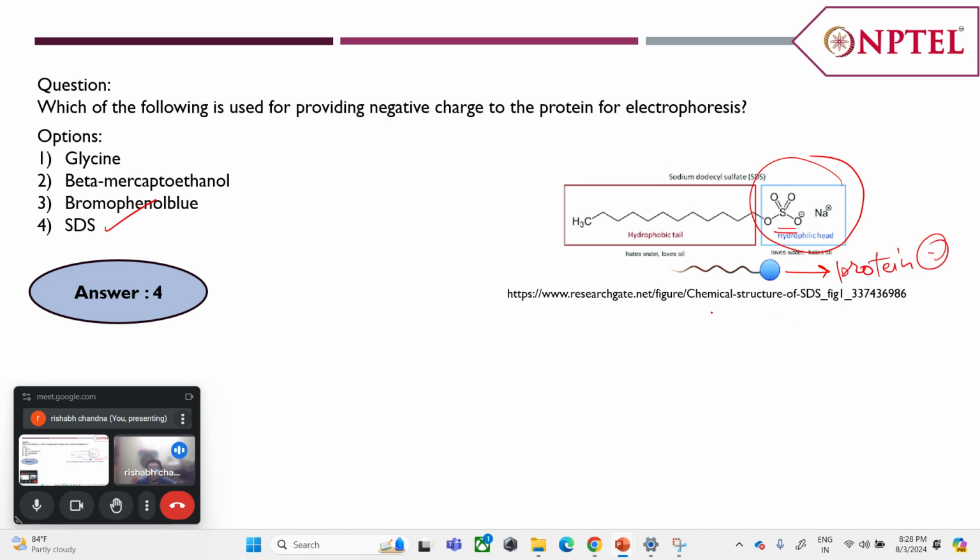And two more pieces of information about SDS. It attaches with the C alpha of the amino acid in a protein. And secondly, one molecule of SDS attaches to two amino acids in a protein.